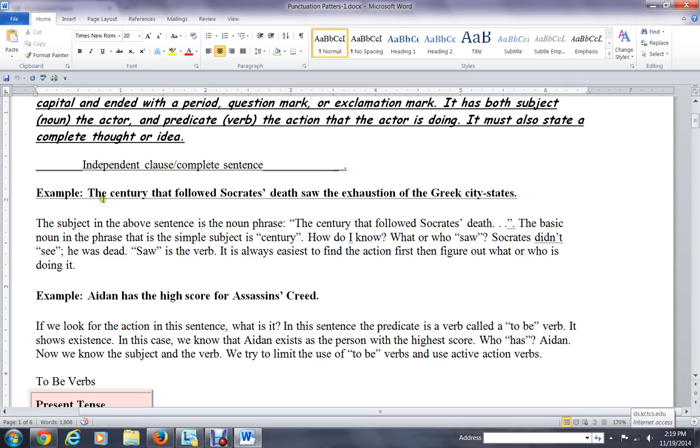This one would be something that you may look at and say, well, the century, what? The century followed. Well, could be, but the century that followed Socrates' death, that's the noun phrase. So now what's the main noun? Did Socrates' death see or saw something?